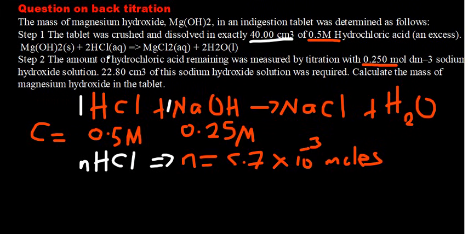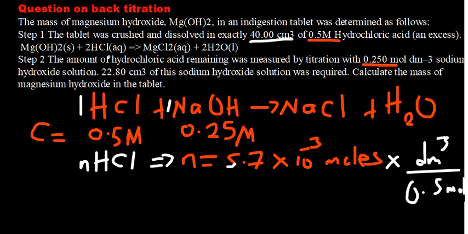So we have our number of moles there, and we divide it by the concentration. We have 5.7 there, remember. So we are dividing by what? The 0.5 molar. Molar is mole per decimeter cubed, so we'll say decimeter cubed over 0.5 moles.